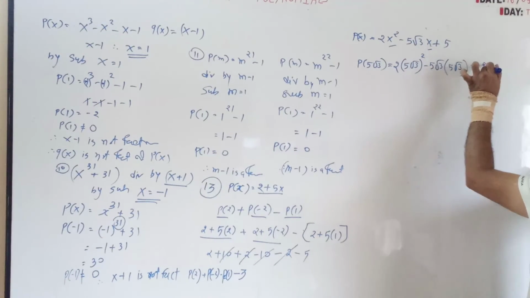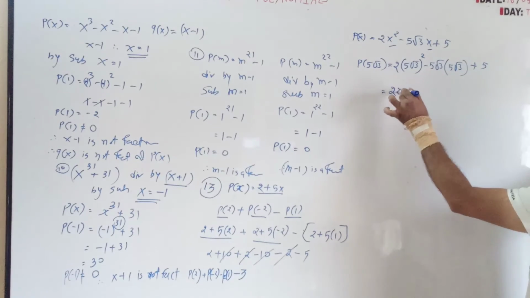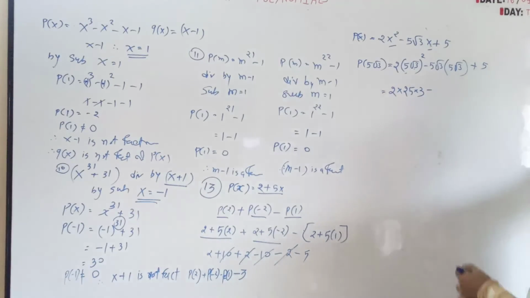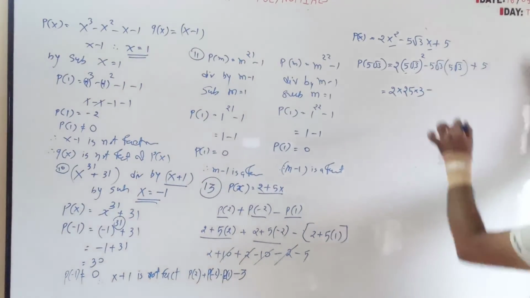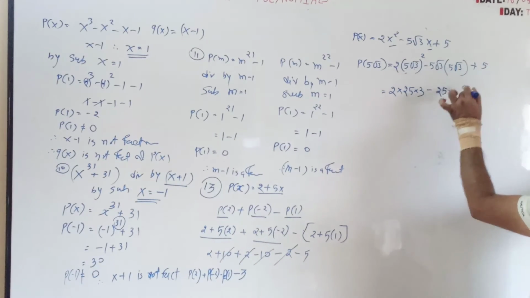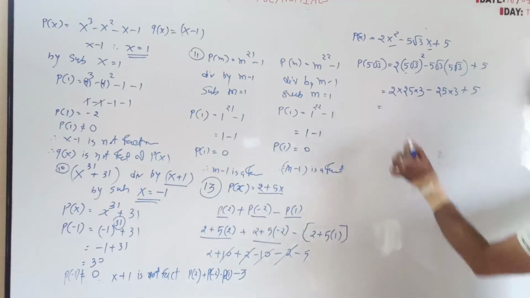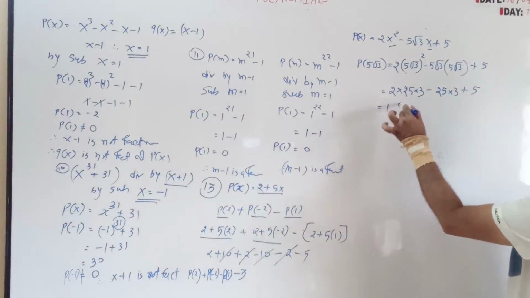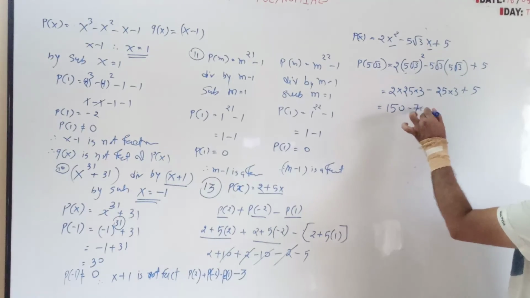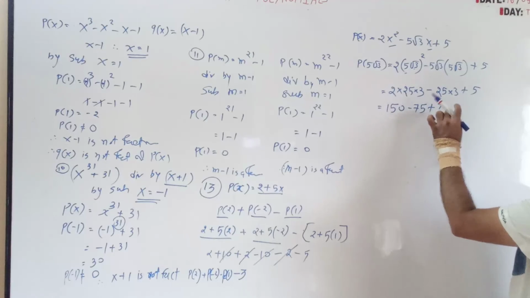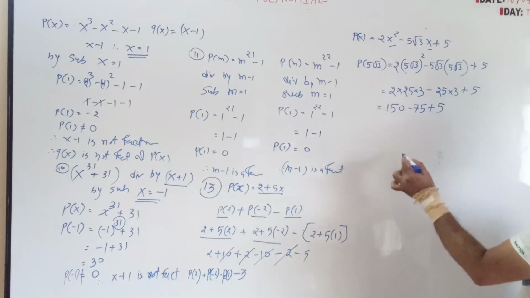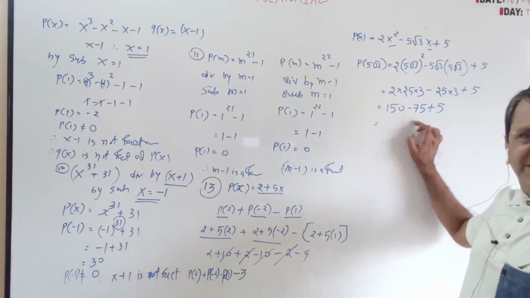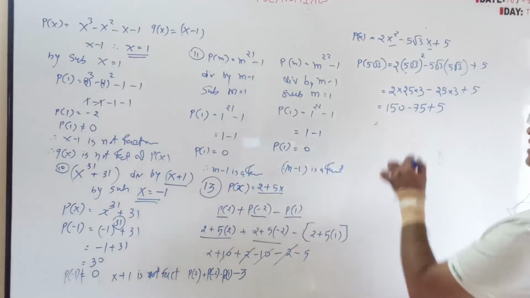Simplify. 5 fives are 25, root 3 is 3, 5 into 5 is 25, root 3 is 3, 3 to the 6, 25 six times means 150, minus 75. 150 minus 75 is 75. 75 plus 5.